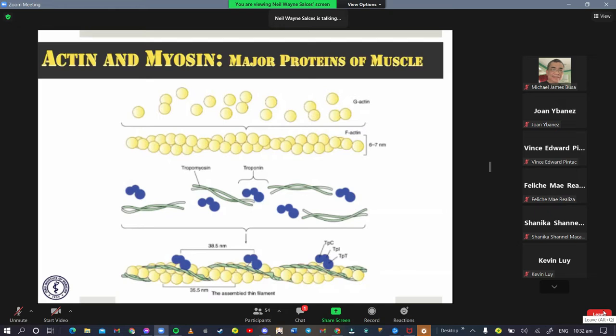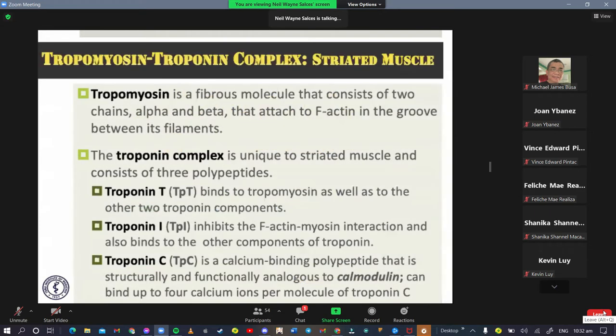At physiologic ionic strength and in the presence of magnesium, the G-actin polymerizes non-covalently to form this insoluble double helical filament, which is your F-actin.